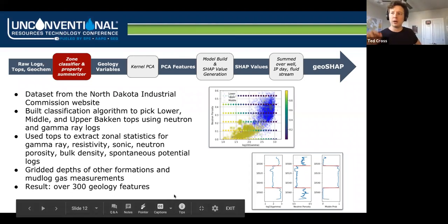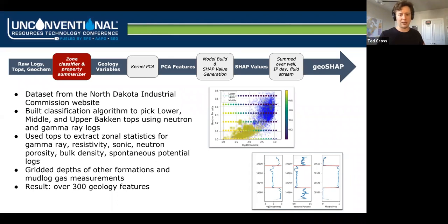When they are drilling a well, there's the drilling mud, and when that comes up to the surface, if it's in a hydrocarbon bearing formation, it will be bringing up some small amounts of gas with it. And you can measure the chemistry of that gas to get an idea of some of the properties of the fluid that's in the reservoir. Essentially, if the gas has C2, C3, C4, rather than just C1, rather than just methane, that's a good indication that you have oil.